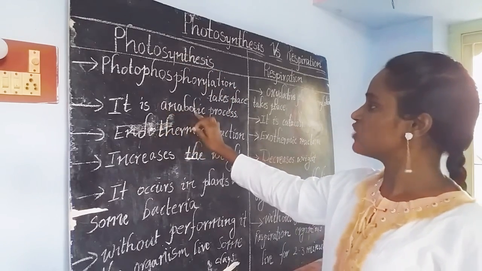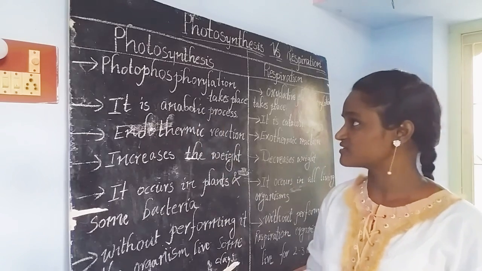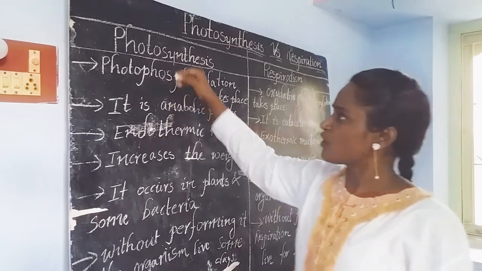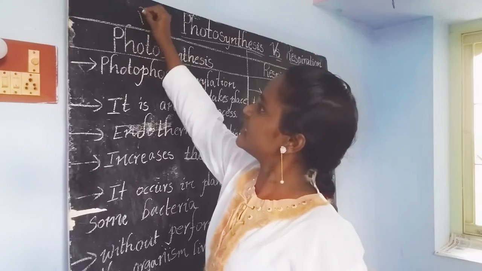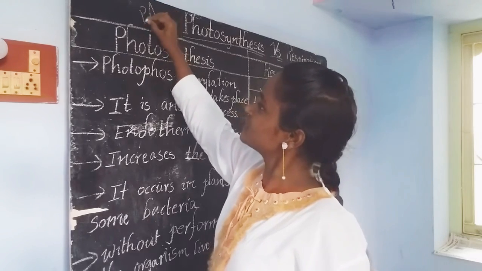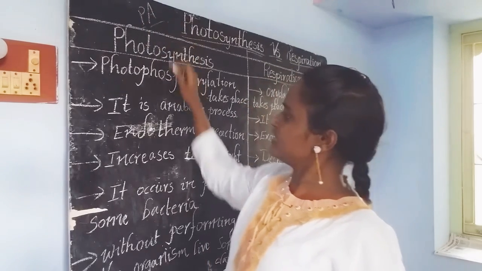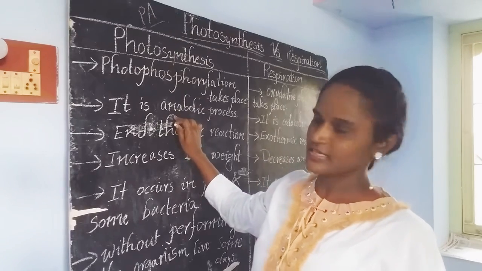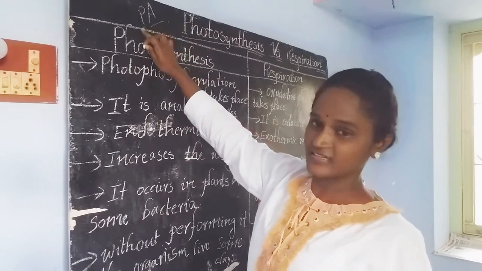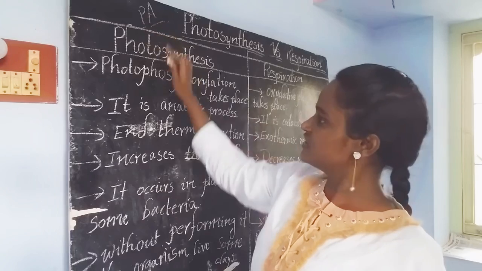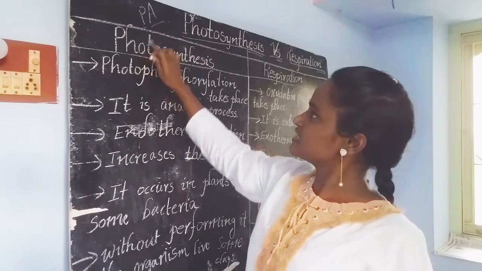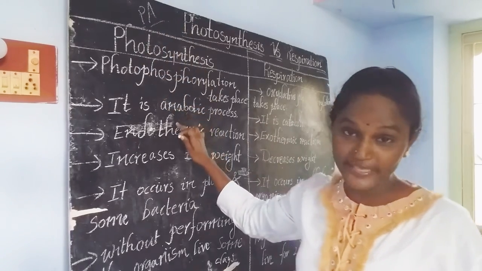That's why we call this an anabolic process. To remember this point, just remember PA. Here P means photosynthesis, A means anabolic process.